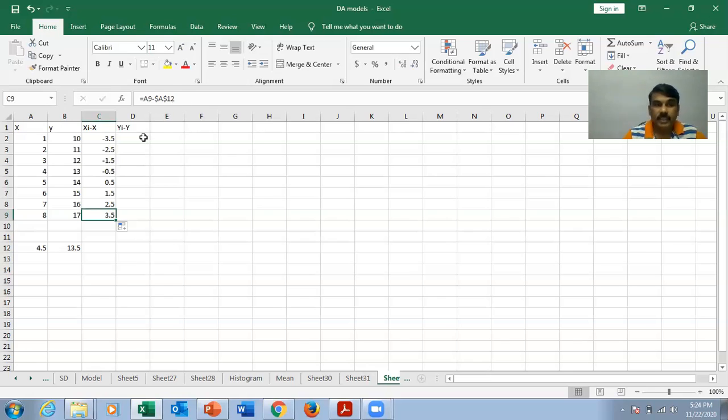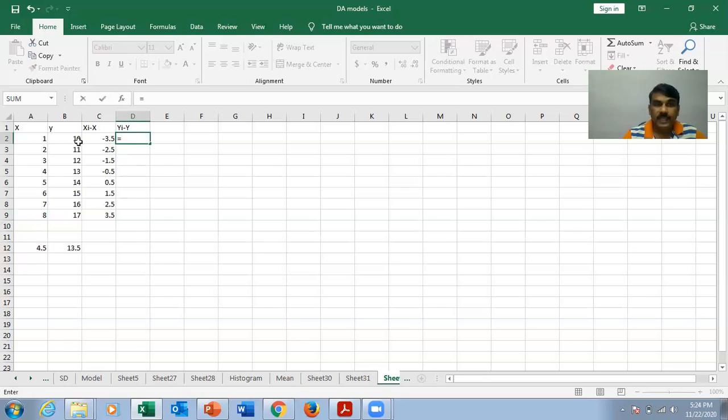Okay. Now here again I have to do the same thing, equal to the yi value minus the mean value. Then again I have to fix this value by the dollar sign.